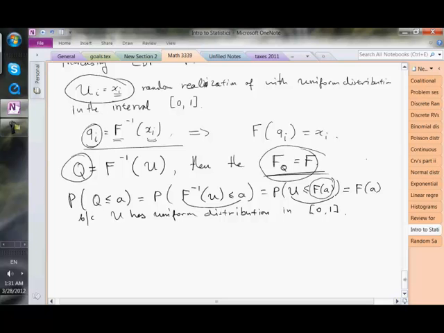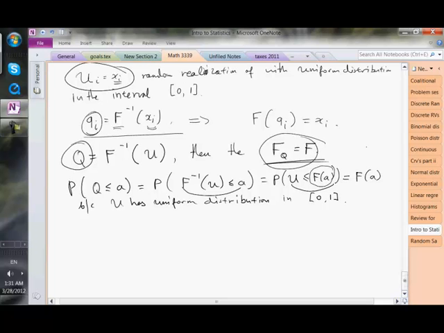So if we want to make this simple, let's say that F is the standard normal, that F is phi, the CDF of the standard normal. What would be my points Q?